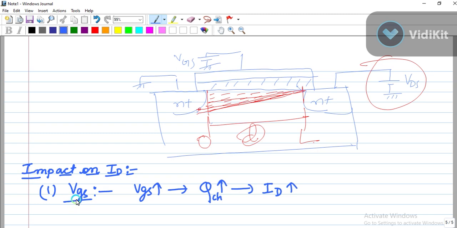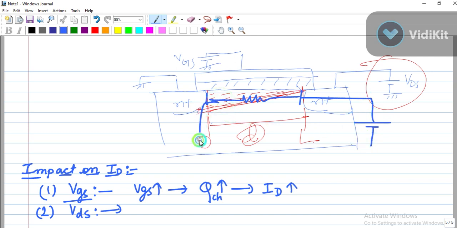Now the second observation is VDS. If VDS increases, how will it happen? Since the accumulated charge is like a resistance, by increasing VDS, that is increasing the voltage across it, ID will increase. I'm making a figure here. This charge is like a resistance R, and I am applying one voltage across it, which is VDS.